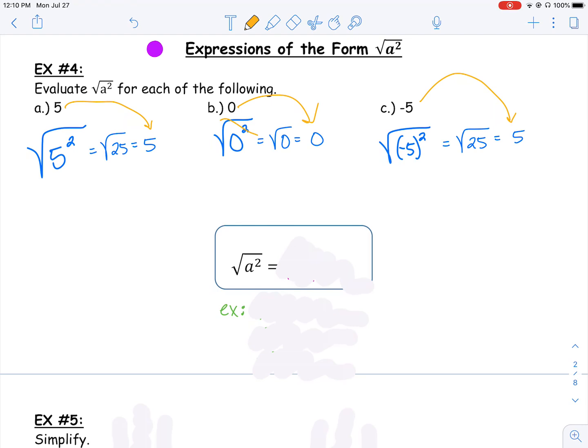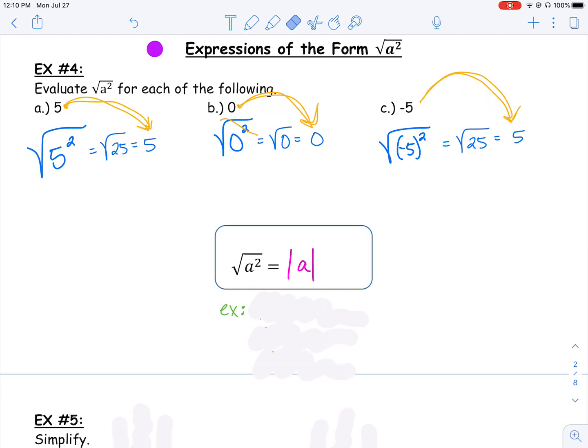What general rule could I say works all the time if I take the square root of a squared number? Well, it looks like 5 still ended up as 5, and 0 still ended up as 0, but -5 ended up at +5. So really, can't I, if I'm square rooting a squared number, take the absolute value of that number inside?